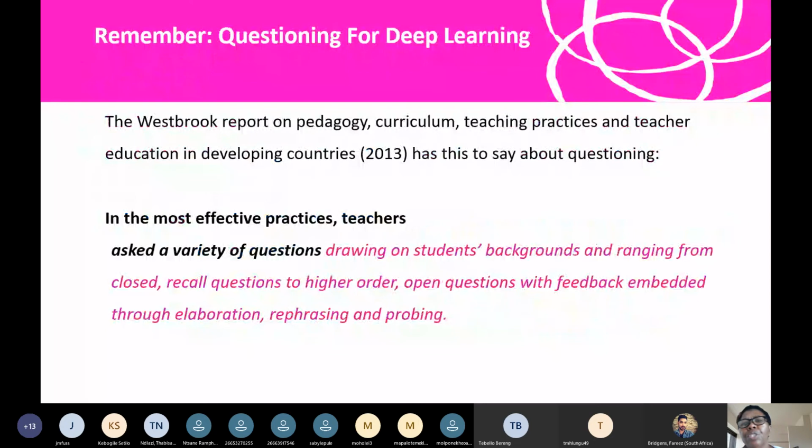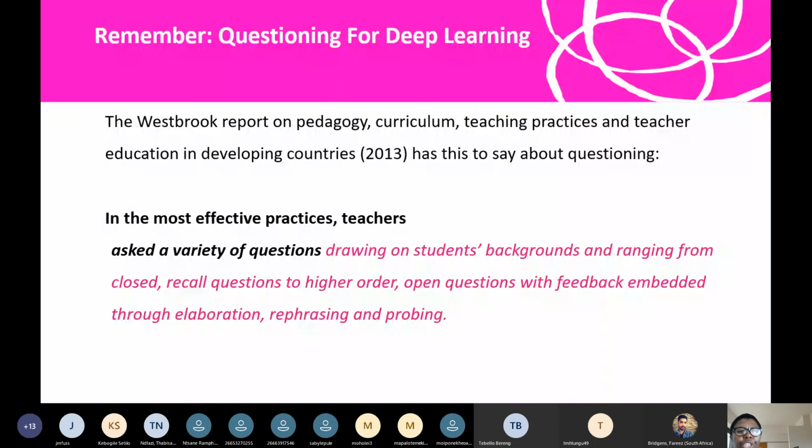And I like the two definitions by Westbrook, because they put emphasis on the most effective teaching practice. When you are effective as an educator, you ask a variety of questions. You draw on students' background, and your questions will range from lower order to higher order.